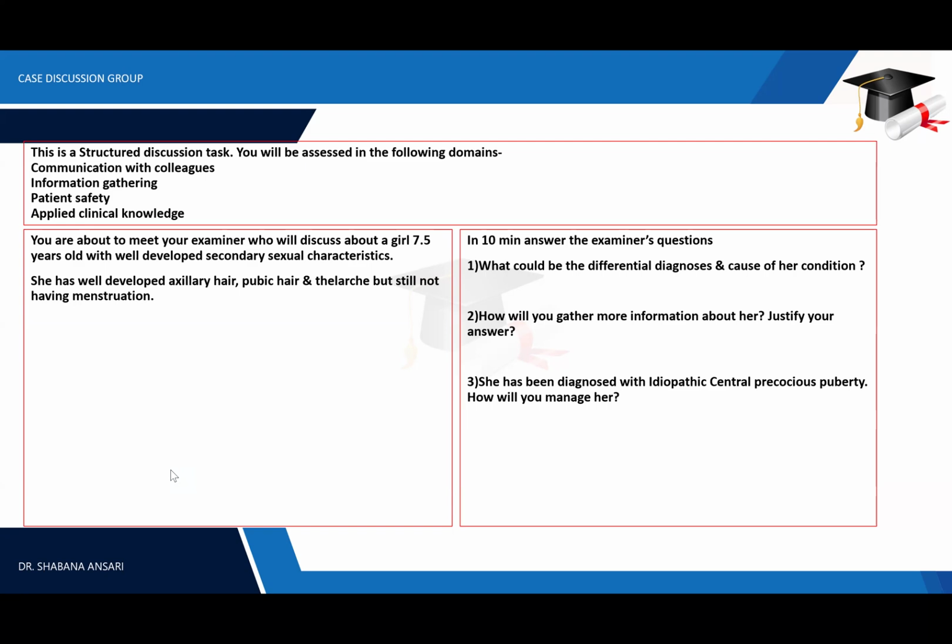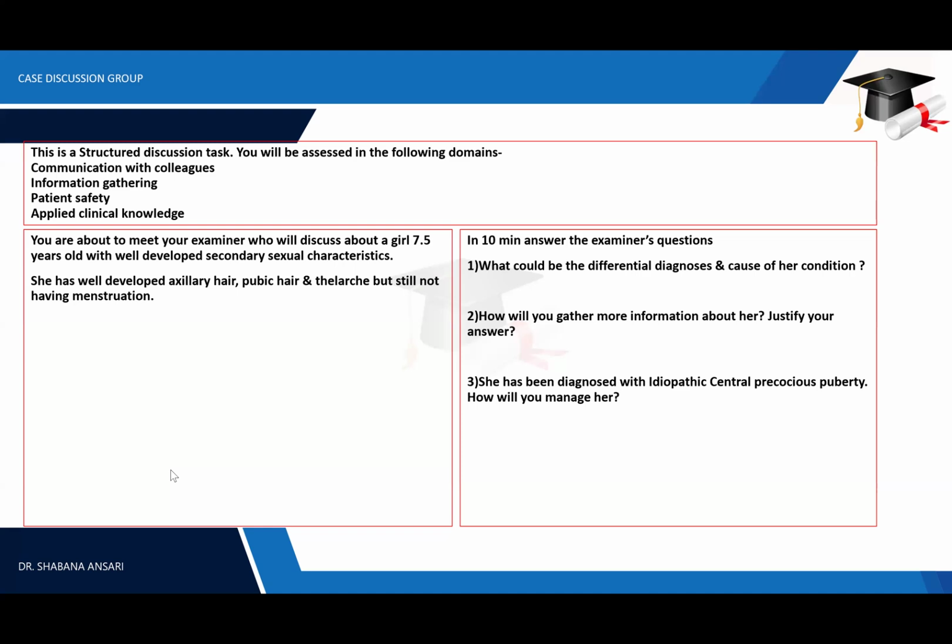What could be the causes of central precocious puberty? Central precocious puberty can be due to any central tumor which is responsible for release of excess amount of follicle stimulating hormone, like craniopharyngioma. It can be related to any hypothalamic tumor as well, which releases excess amount of GnRH.